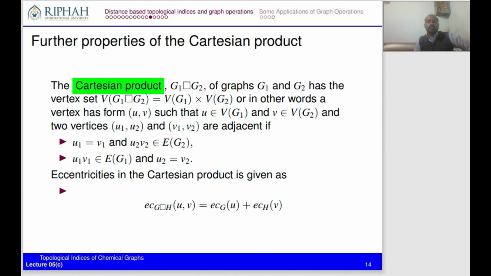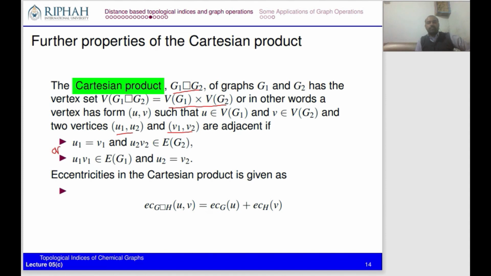Next we move to our next graph operation, which is the Cartesian product. Quickly we recall the definition of the Cartesian product. The Cartesian product of two graphs is represented by this notation, and the vertex set is the vertex set of G1 cross the vertex set of G2, or in other words, every vertex is in ordered pair form. Two vertices are adjacent if and only if the first components are the same and the second ones are adjacent in G2, or the first components are adjacent in graph G1 and the second components are the same.